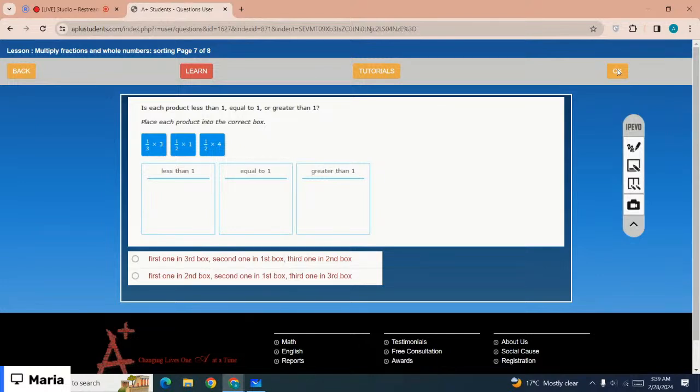Is each product less than 1, equal to 1, or greater than 1? Which is the correct option? Yes, the second one is the correct option.